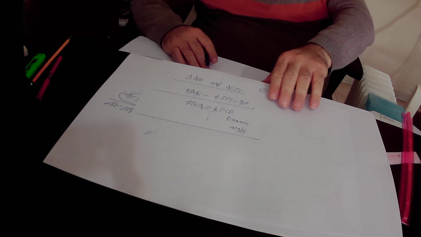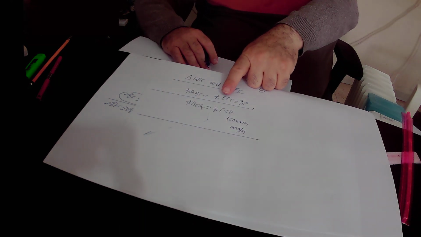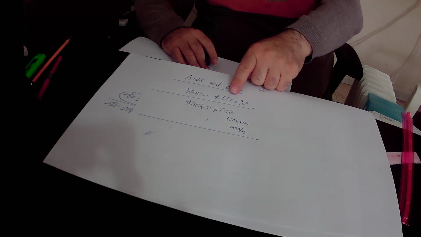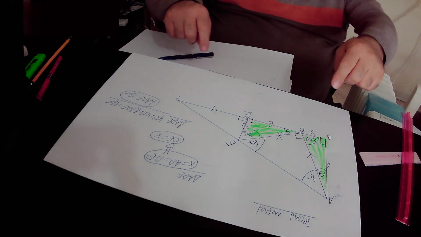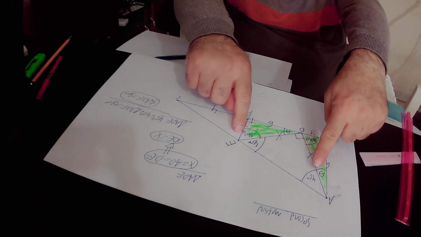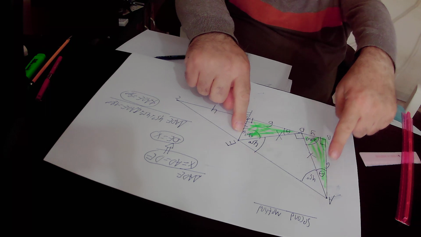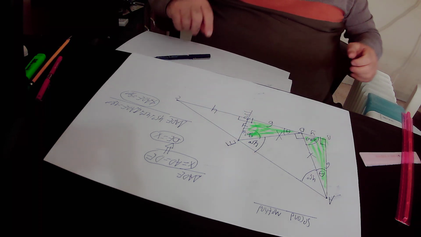So here, angle BCA equals angle FCE. It is a common angle. And those two angles are also equal to each other according to the third angle theorem.